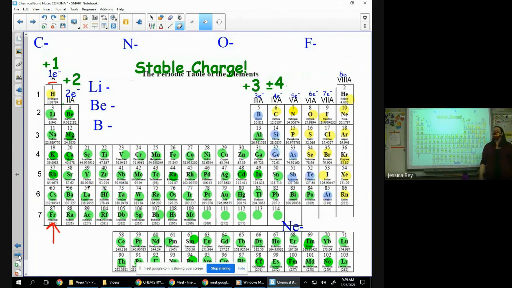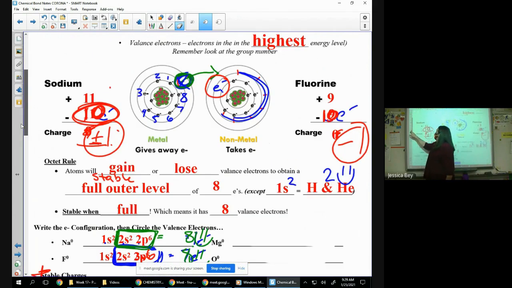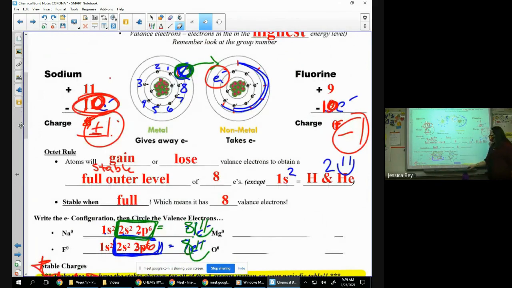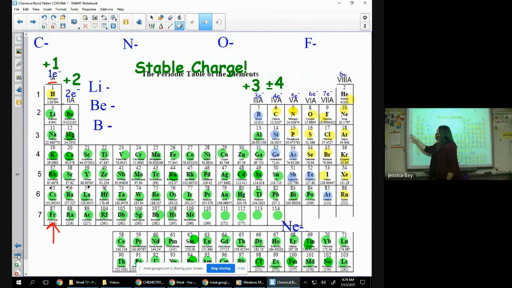Okay. Now, things start getting weird in the nonmetals. Remember here in our picture, if you start gaining electrons, you're no longer positive in charge. What are you charged if you're gaining electrons? You become negative, okay? So let's talk about it on our periodic table.